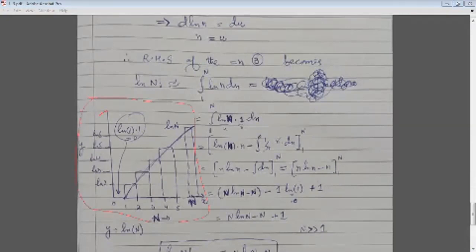Suppose this is the y-axis, y in terms of natural logarithm. ln of 1 is equal to 0, so I will write 0, then ln of 2, ln of 3, ln of 4, ln of 5, ln of 6, up to ln of n.